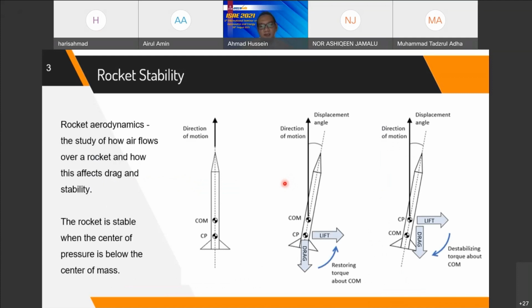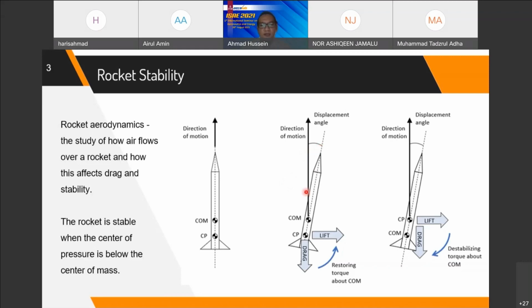In general, the rule of thumb is that if the center of pressure is located lower than the center of mass, the rocket is deemed to be stable. If you look at the second figure, due to certain conditions, the rocket tends to sway to a certain angle, known as the displacement angle.